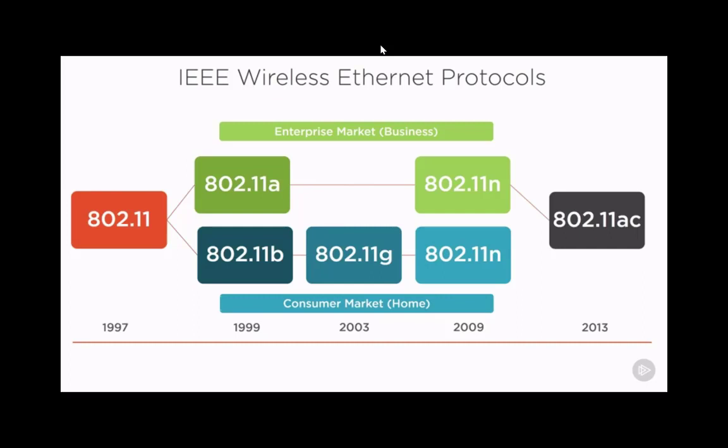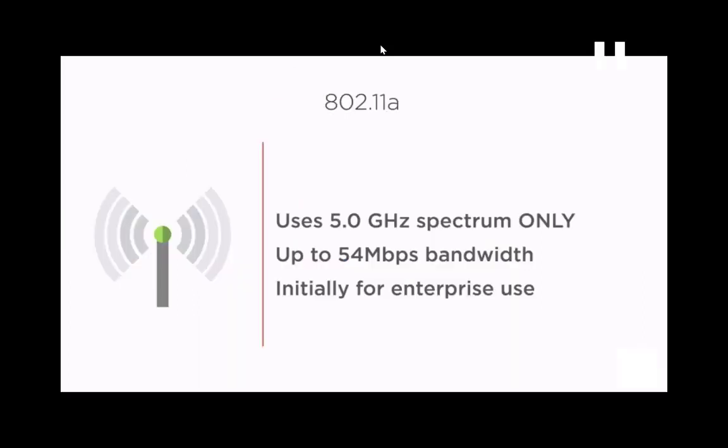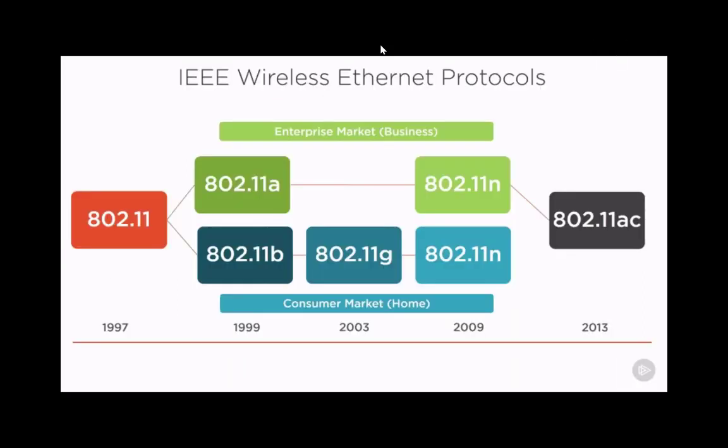Basically these are the two spectrums, the two channels used for communication over a wireless network. Nowadays I am using the 802.11ac standard. AC uses a very advanced protocol and speeds of up to 1 gigabit. So now let's take a look one by one at what these standards tell us.